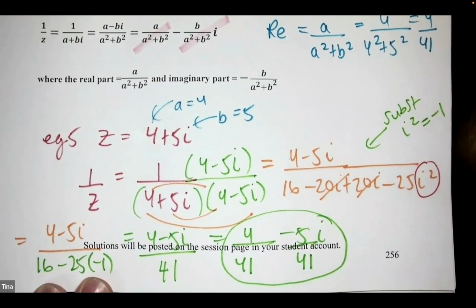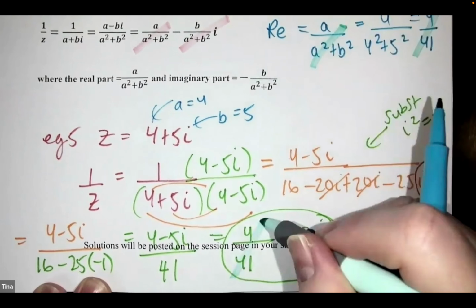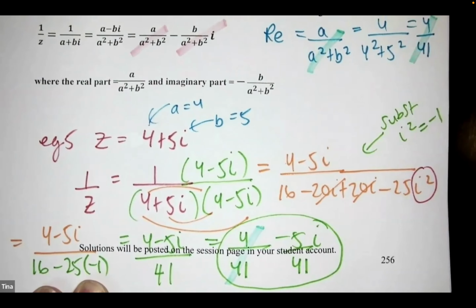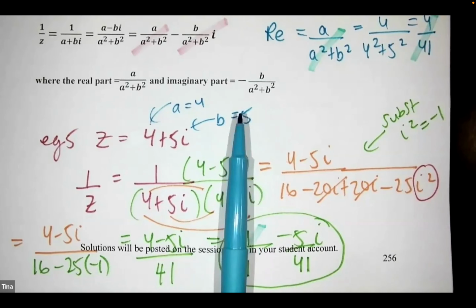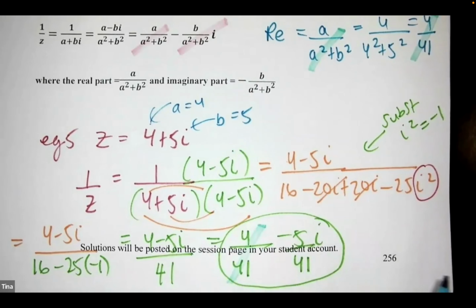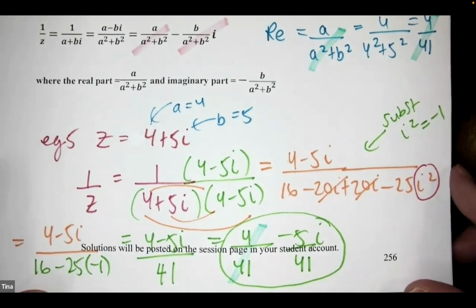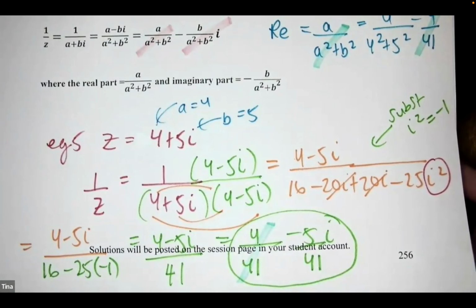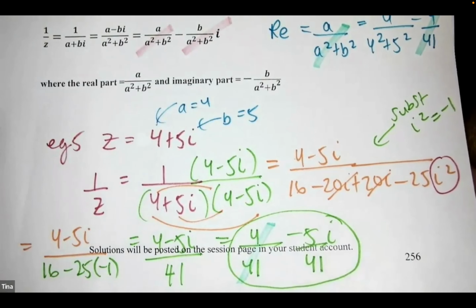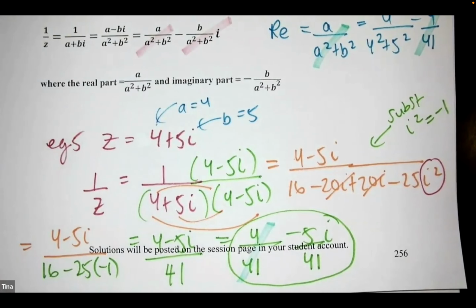So see how it's the same? That formula and doing it the long way, okay? And then negative b, so that's negative, and then yes, 5 over 41. So kind of long way versus short way, I guess, right? So do you want to memorize something else? There it is, okay? Any questions?